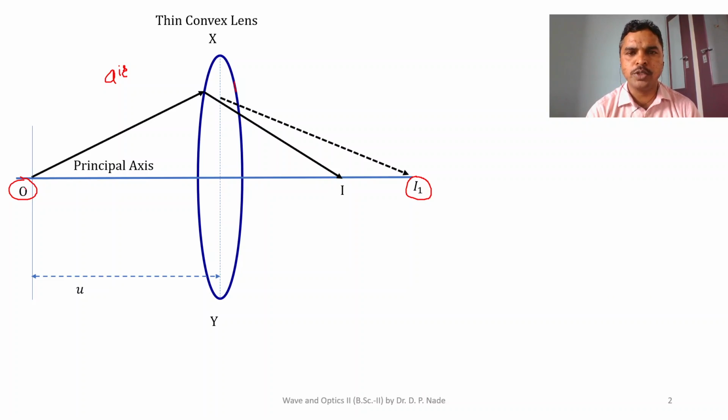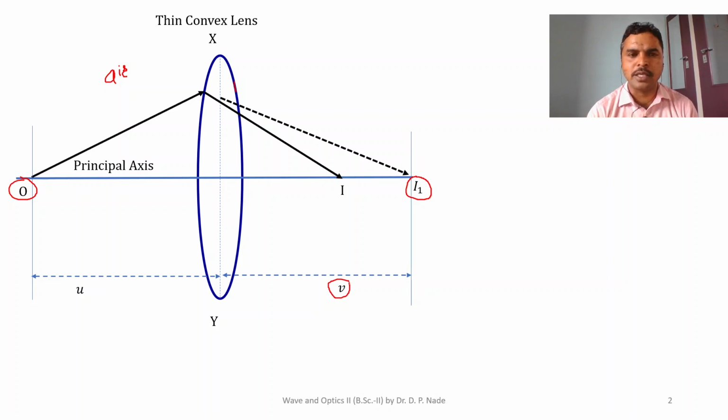So object O is here and the image will be formed at this point, and it depends on the distance. We consider that the distance from the center of the lens to the image is V.